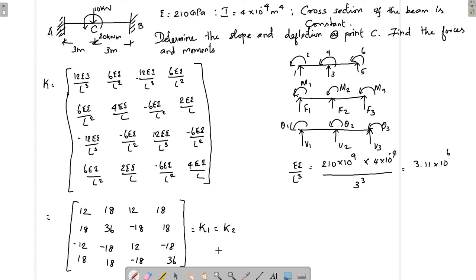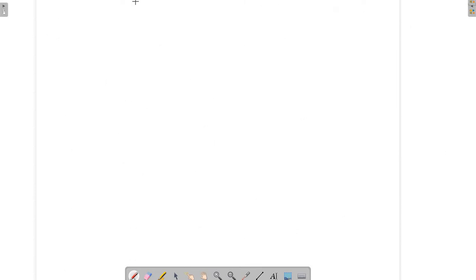So we have to assemble the global stiffness matrix. Capital K is equal to K1 and K2. So we have to arrange in the diagonal manner. So how can we assemble? K is equal to K1 plus K2.